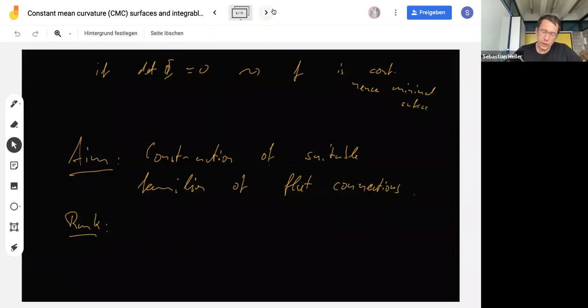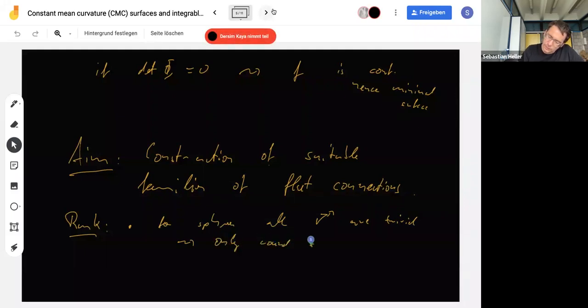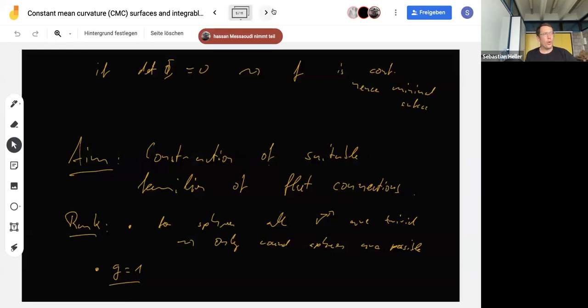So remark: for spheres, all nabla lambda are trivial, and this tells us, or we can reinterpret this, that only round spheres are possible. So this is somehow a very boring case, of course. But then the next more interesting case is that of genus 1 surfaces, so of CMC tori or minimal tori in the 3-sphere.